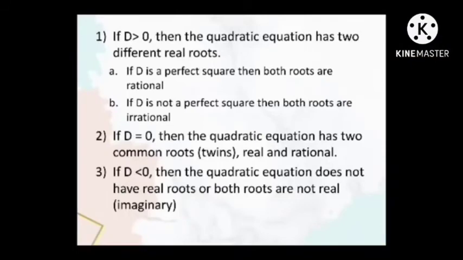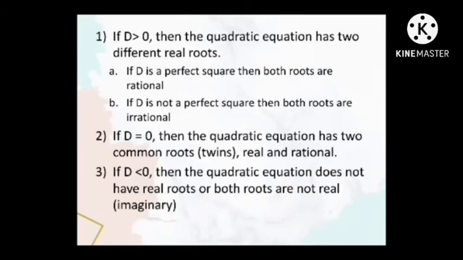Based on the explanation above, we can see that there is a relationship between the type of roots of the quadratic equation and the discriminant value, namely D equals b squared minus 4ac. So the discriminant value D equals b squared minus 4 times a times c greatly determines the type of roots of the quadratic equation ax squared plus bx plus c equals 0.